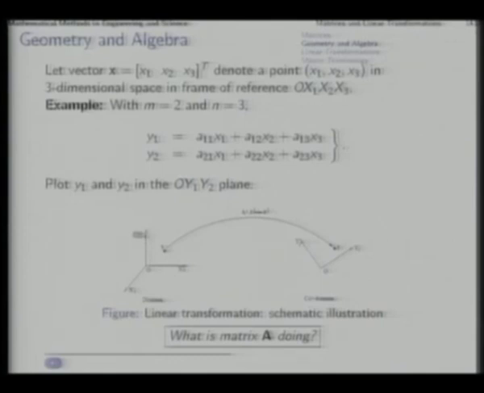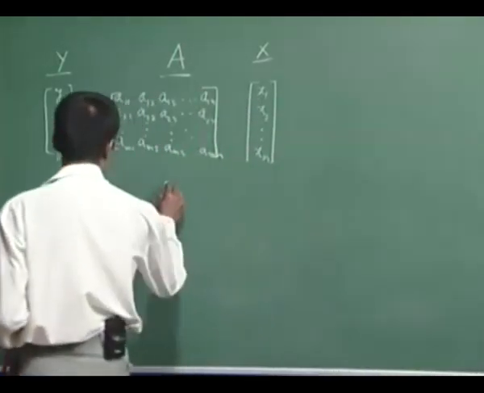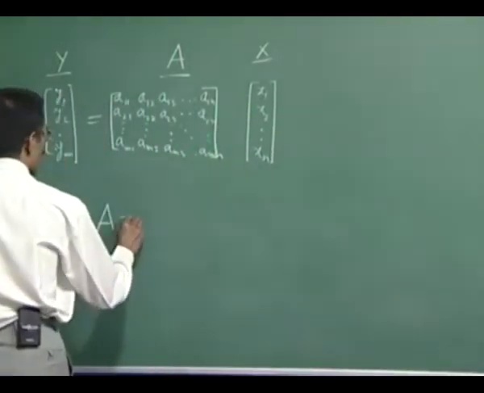Now, with m equal to 2 and n equal to 3, we will have a matrix A which will look like this.